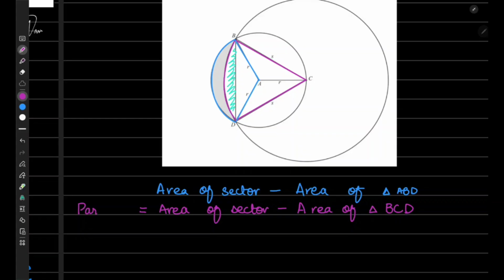You can just call it a segment. This part is area of sector minus area of triangle BCD, and the area of sector minus area of triangle ABD is this bigger part.